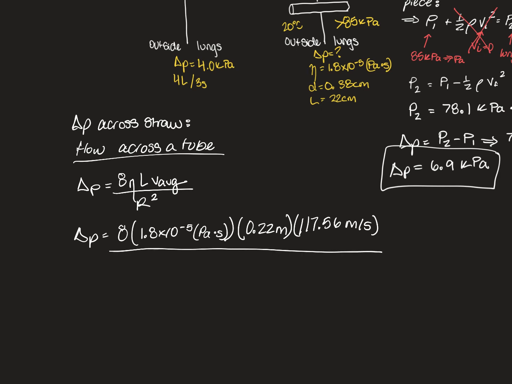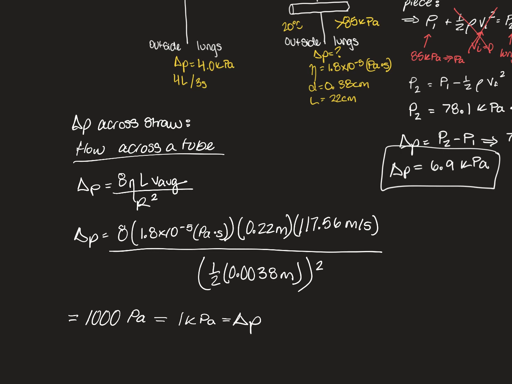All of that over the radius squared, which is going to be 1/2 the diameter in meters, so 0.0038 meters, that whole thing squared. And if we calculate that out, we get about 1,000 pascals, which is going to be equal to 1 kilopascal. So the pressure difference across the straw is going to be 1 kilopascal.